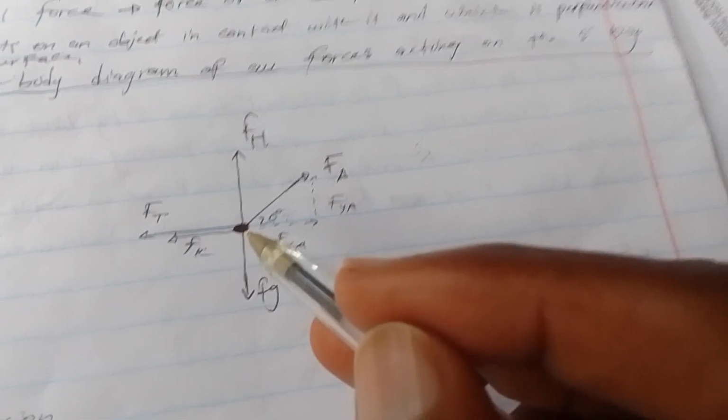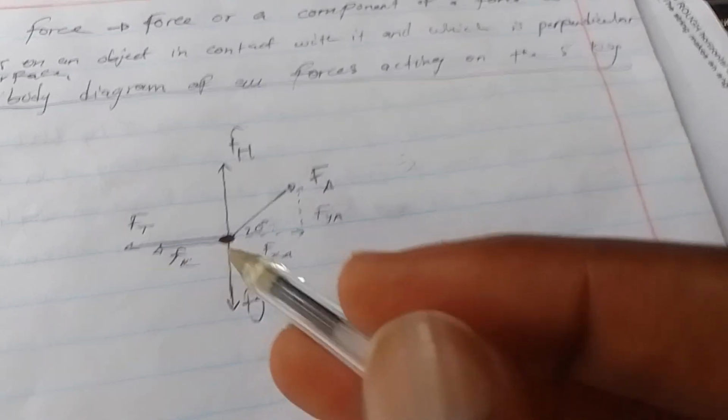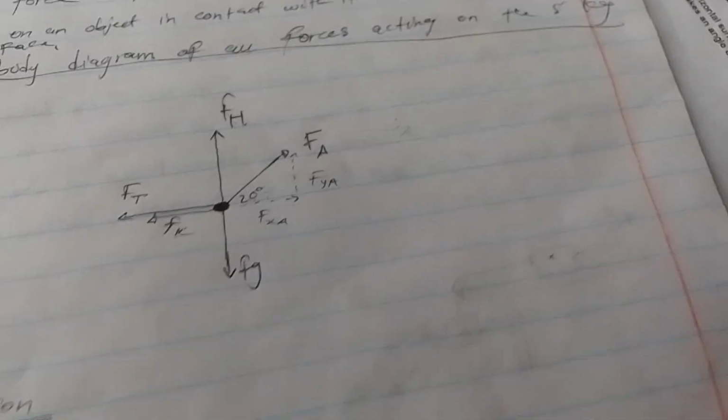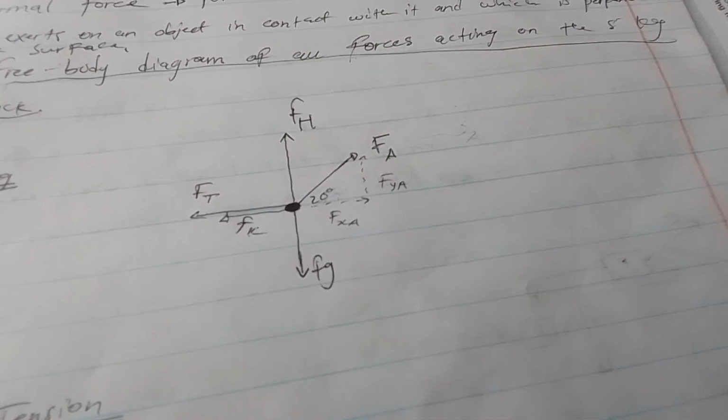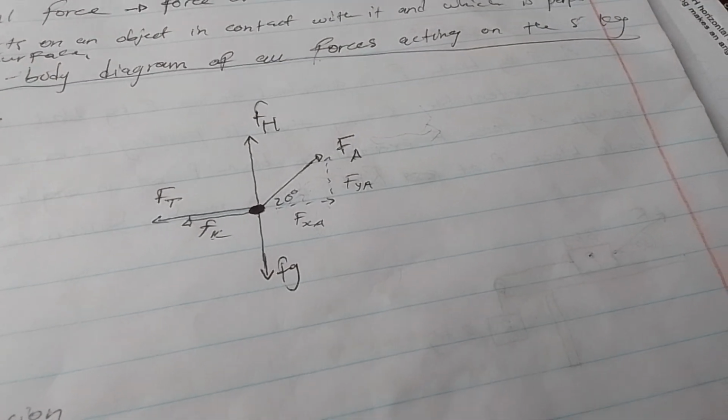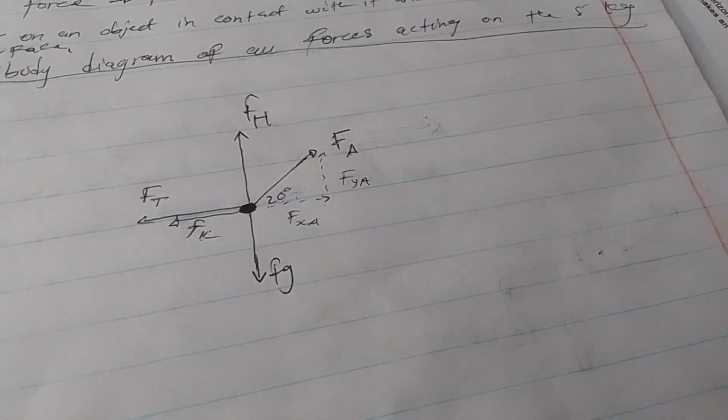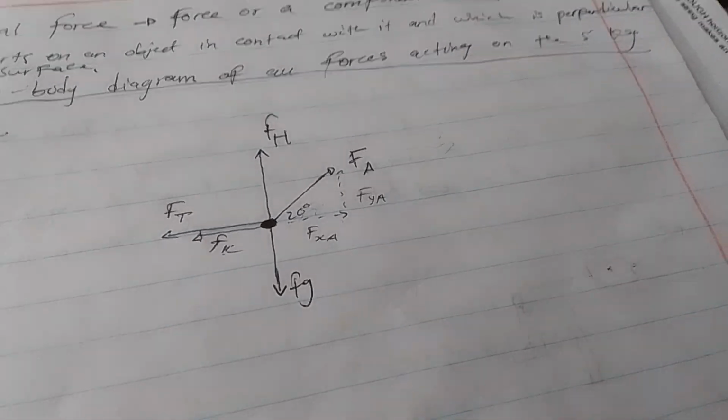5 kg is exerting, like that rope is connected to our 5 kg. So the tensional force that our 5 kg block will exert will be towards our 2 kg block.